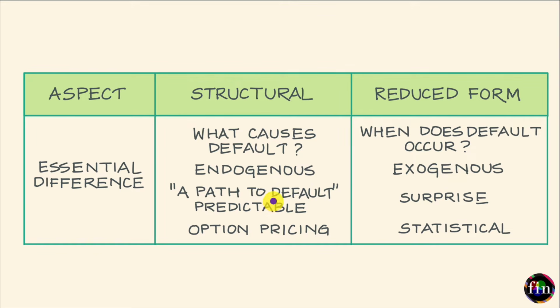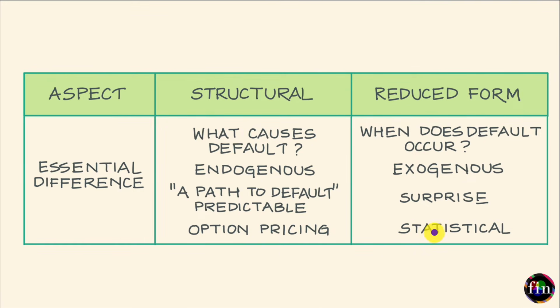Next, please note this: a structural model in essence is an economic model. The underpinnings of a structural model lie in option pricing theory. In a structural model, we try and represent various components of the liabilities of the firm in terms of simple vanilla options, call options and put options. And then we try and value these options using option pricing theory.